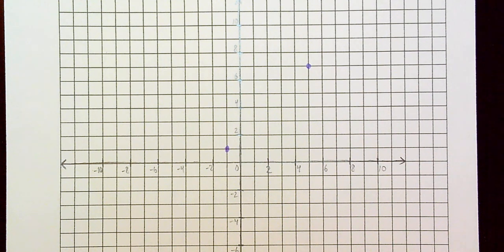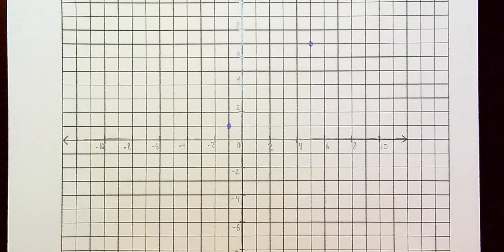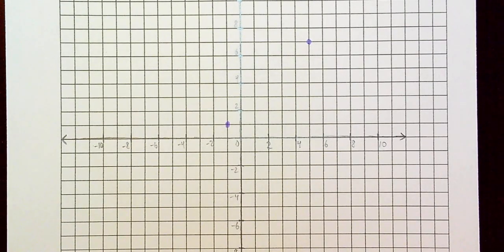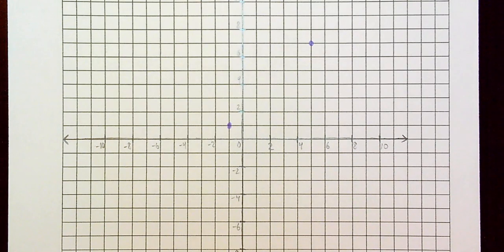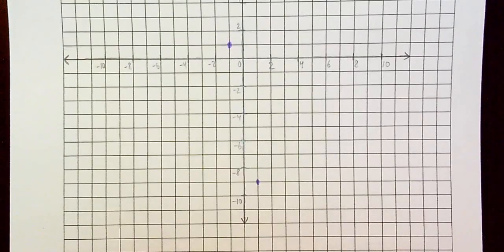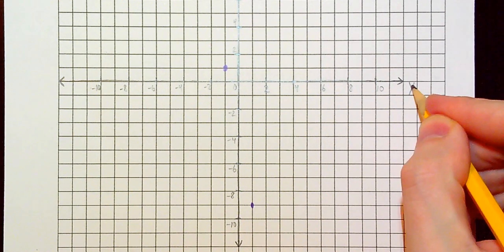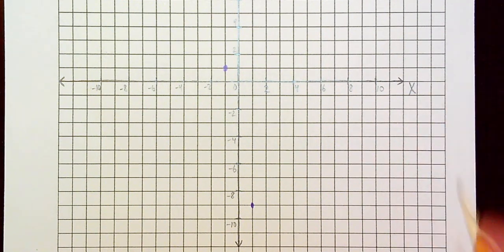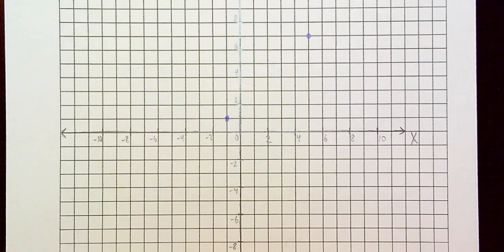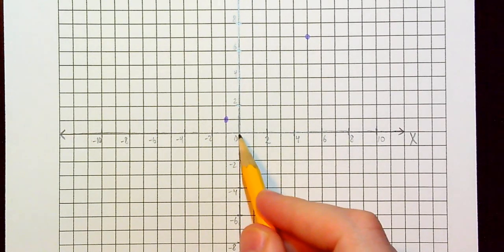So here I have drawn in pencil what looks like two lines, one going completely vertical and one going completely horizontal. Here we have the y-axis, and here we have the x-axis. And these two lines meet in the middle at this point here.